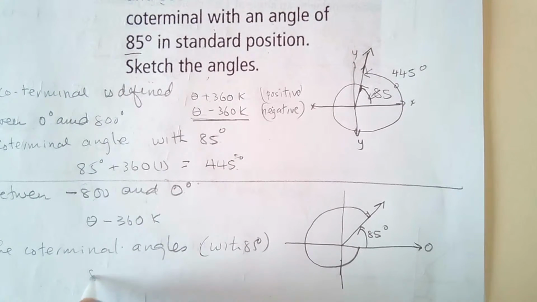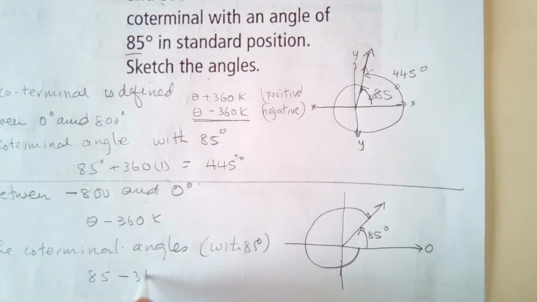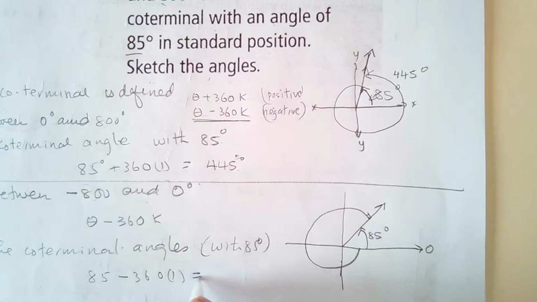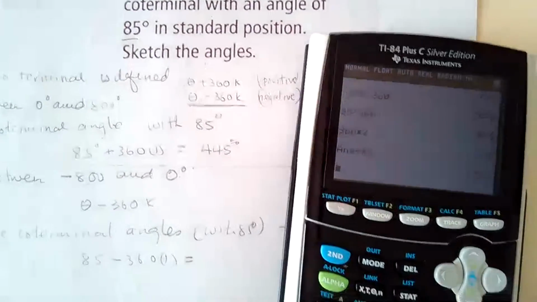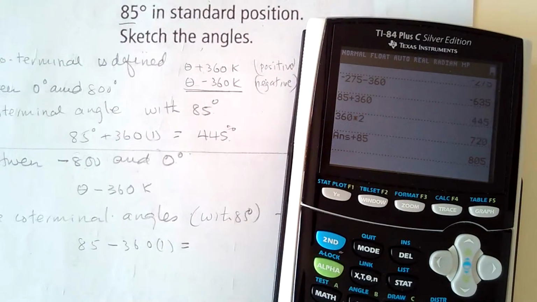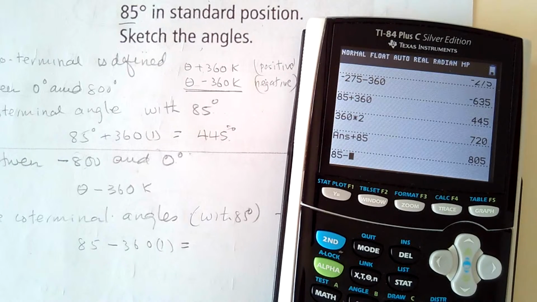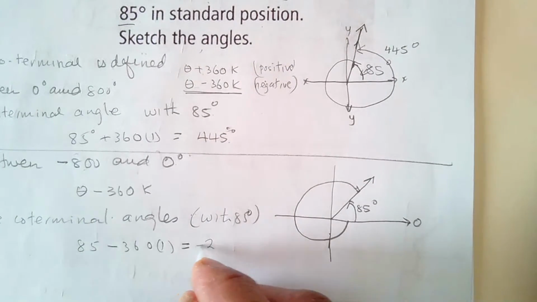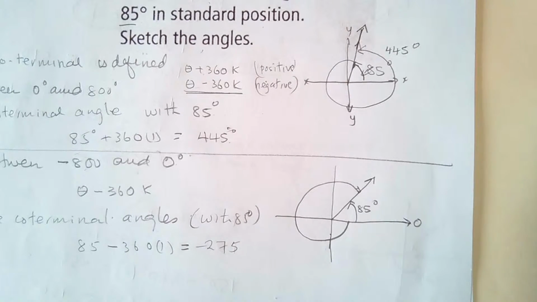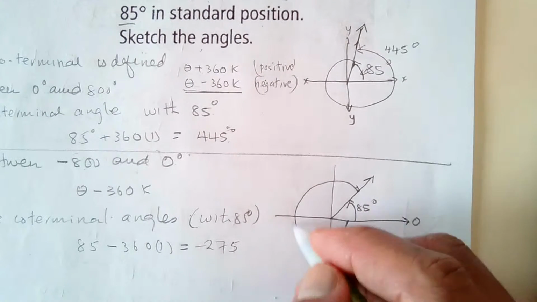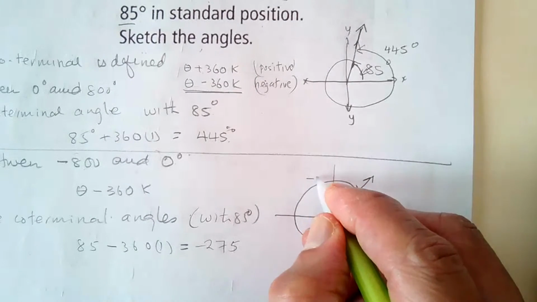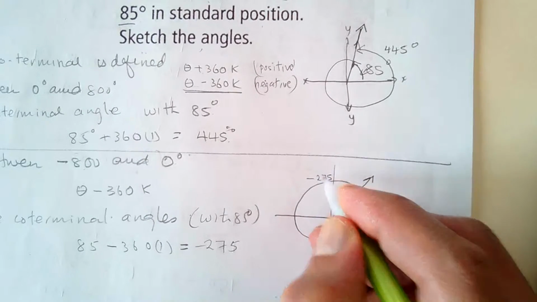It will be 85 minus 360 times 1, which works out to be 85 minus 360, negative 275. So now from here to here, it's negative 275.